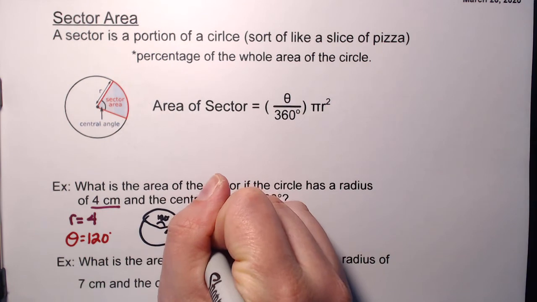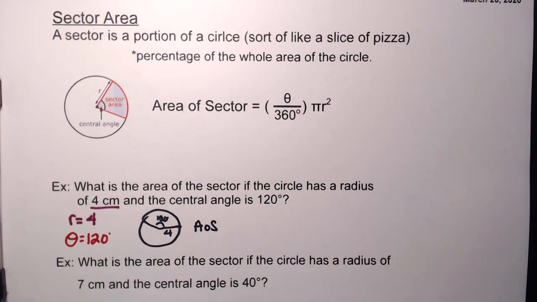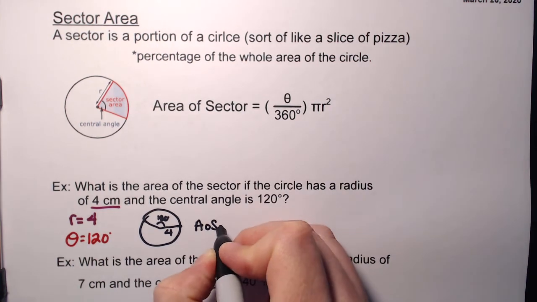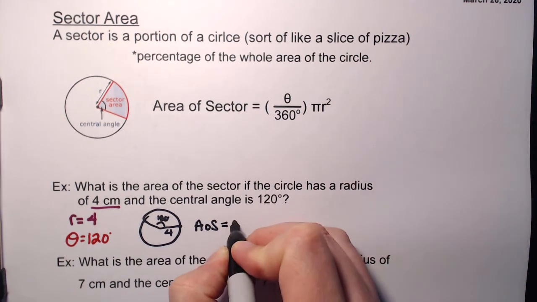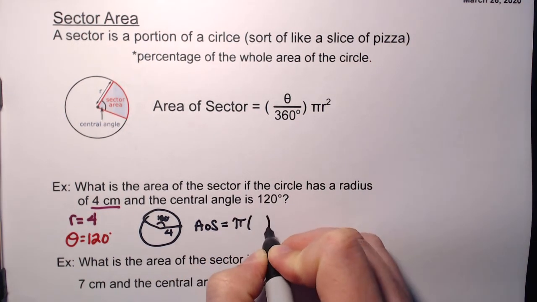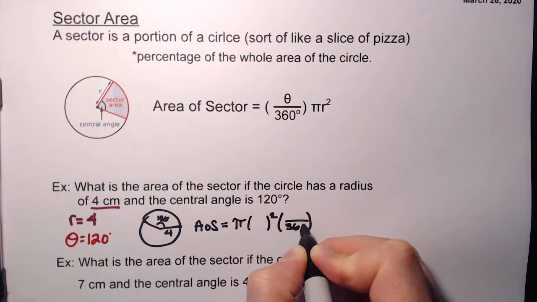So area of the sector is equal to, and then it's going to be pi r squared times the angle divided by 360.